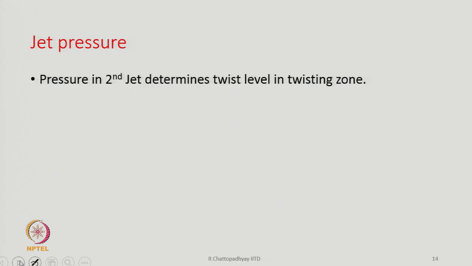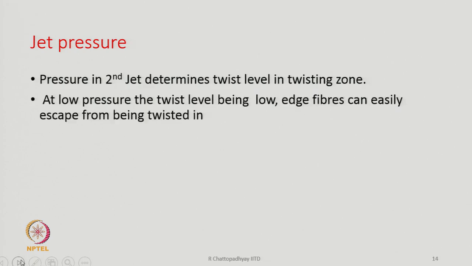The other thing is the jet pressures and other parameters. Pressure in the second jet determines the twist level in the twisting zone, that is, in the spinning triangle zone. How much twist is there in the spinning triangle zone will be determined by the pressure of the second jet, the jet which is more powerful, that is actually trying to false twist the main core of the yarn.